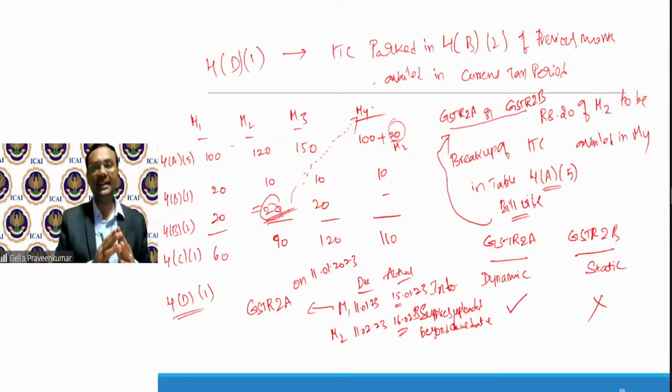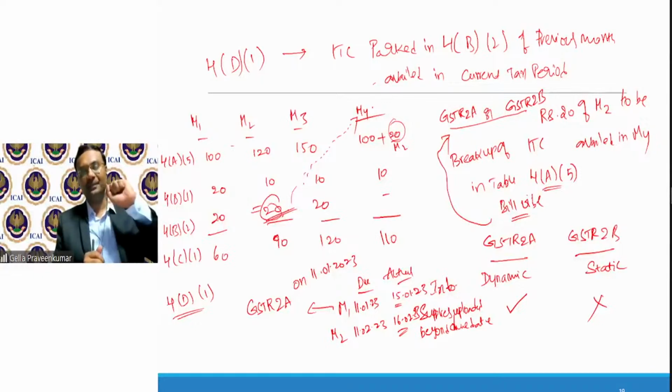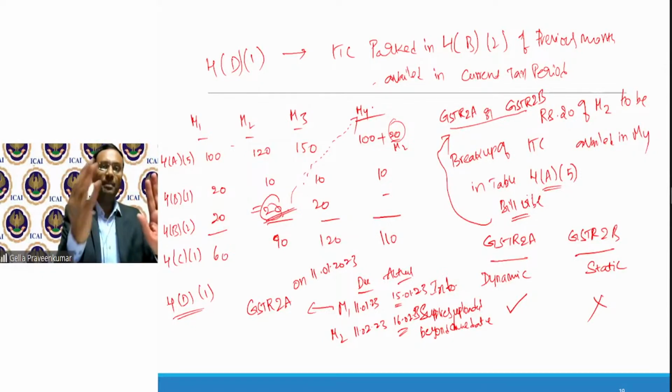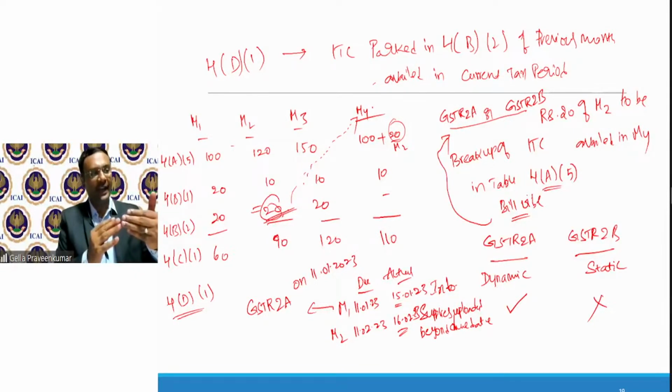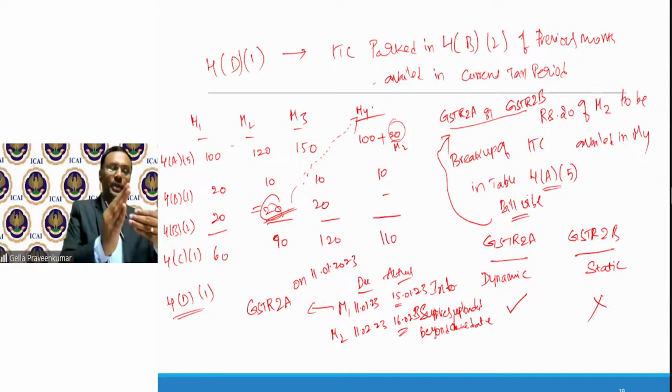Now, the government says, this is a time and tested travel journey of GST, where GSTR-3B came into the picture. Government says, look, I'll give you a static ITC. Any supplier who files their return before the due date, I repeat, any supplier who files their return before the due date, that comes in GSTR-3B.